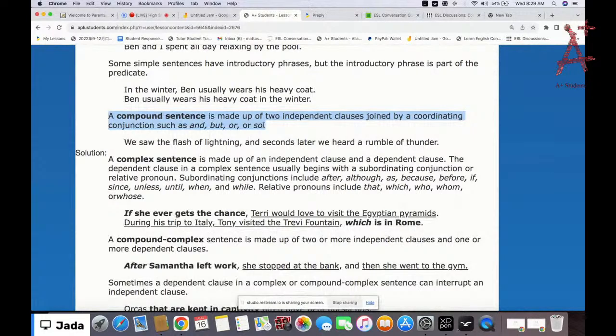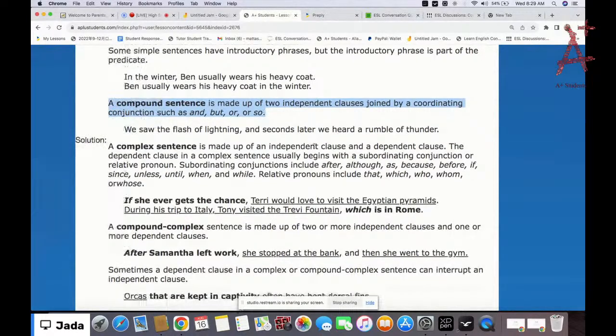So a compound sentence is two independent clauses joined by a coordinating conjunction. The coordinating conjunctions are just and, but, or, so.